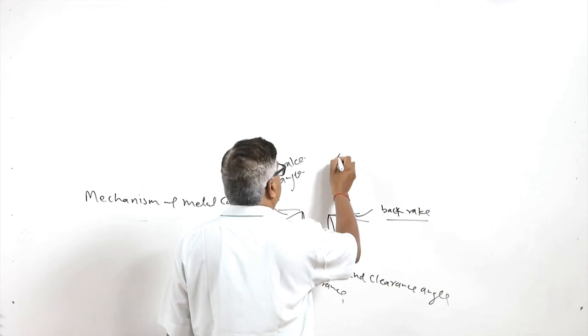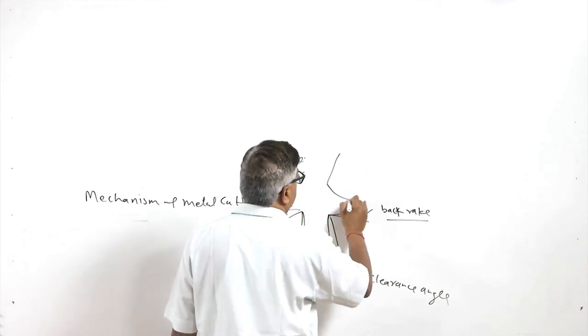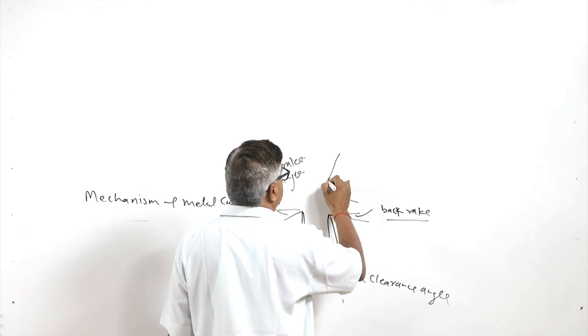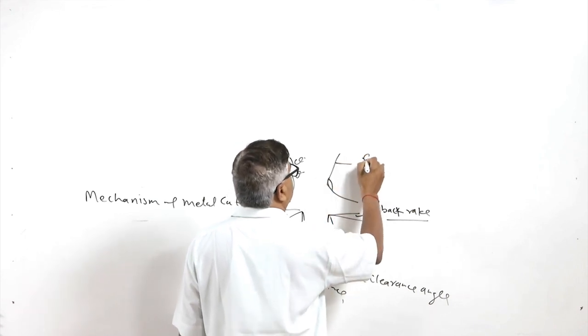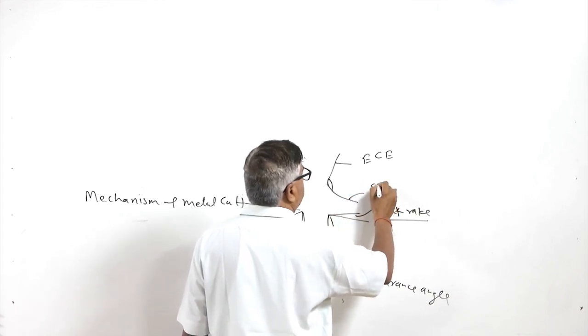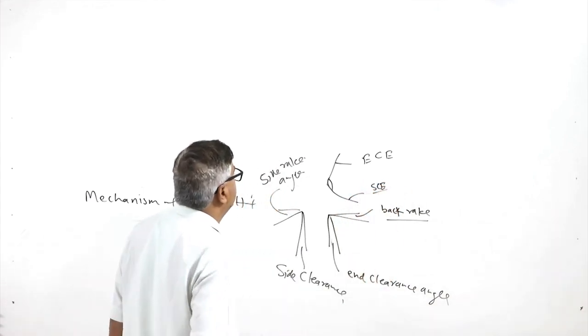And in the top view, we will be able to see the different cutting edges. So, this is the nose radius, this is the end cutting edge, and this is the side cutting edge, which will be performing the cutting.